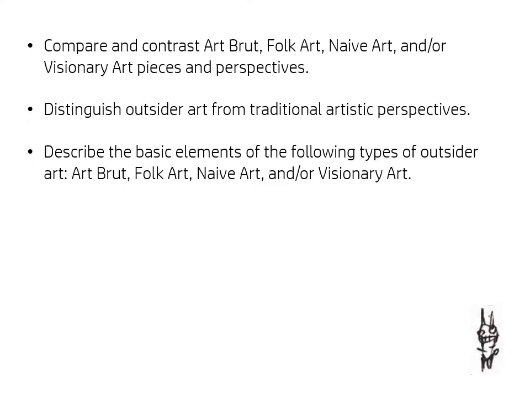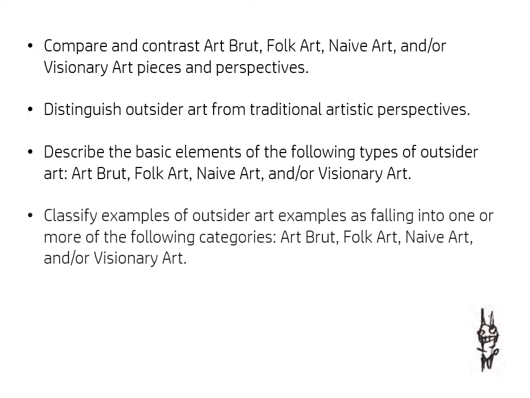I think that they should also be able to describe the basic elements of those following types of outsider art. You might think that's part of comparing and contrasting, but I think it needs to be learned separate from comparing and contrasting, because that's kind of an extension of this. I also think that classifying examples of outsider art, a little bit of redundancy going on there.